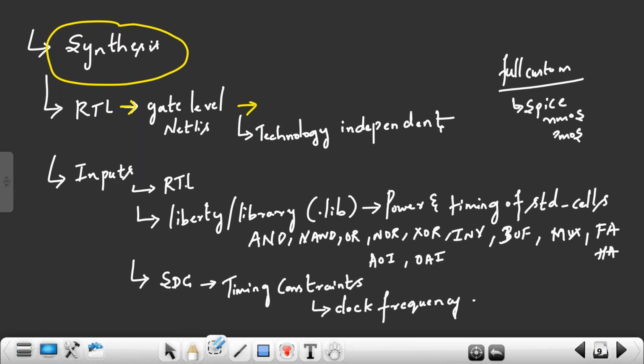For 7 nanometer you have a different .lib file, for 14 nanometer you have a different .lib file.